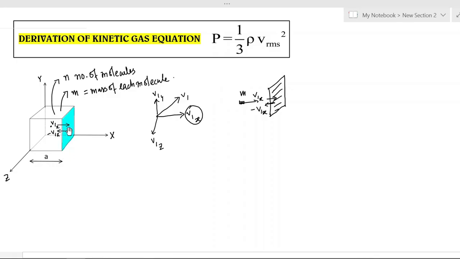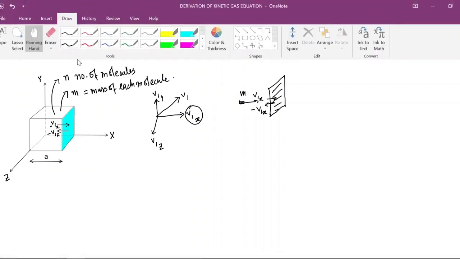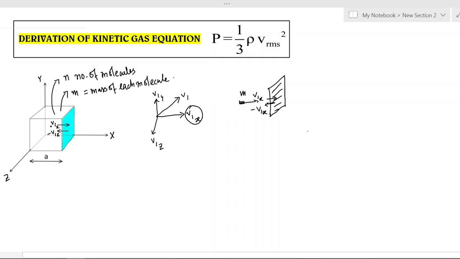So if the velocity of the molecule is v1x, the x component of the velocity we are considering here, how much is the time that the molecule takes for one collision?